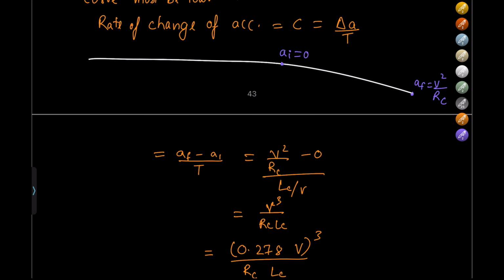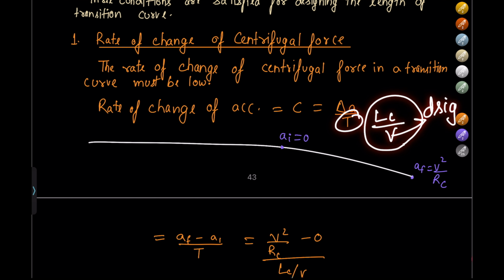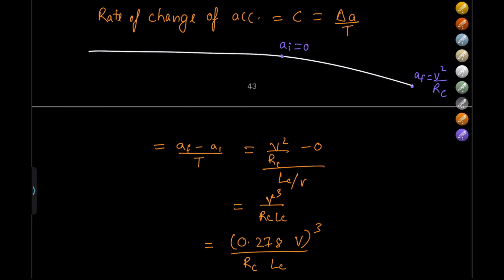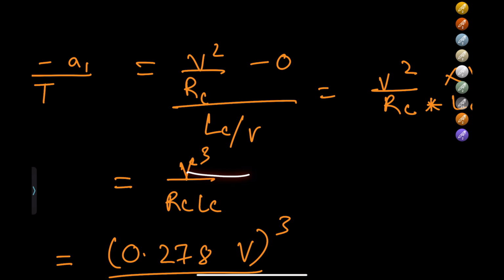So A final minus A1: V square upon RC minus 0, divided by T. T can also be given as length of curve divided by V, where V is the design speed of vehicle, right? So here we get V square upon RC into LC into V, and it will be converted into V cube upon RC LC, where V is the value of design speed in meter per second.